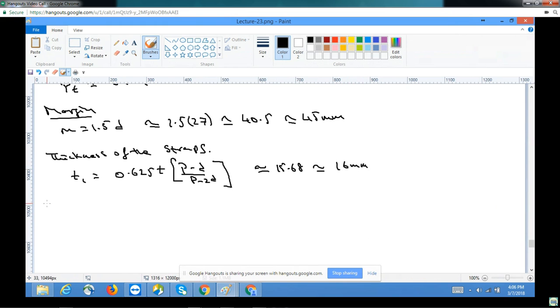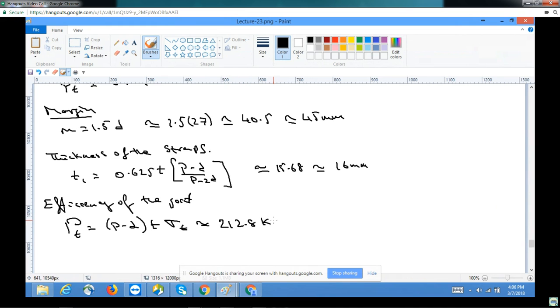And efficiency of the joint. Pt is given as (p minus d) times t times sigma t, that in this case is 212.8 kilonewtons.